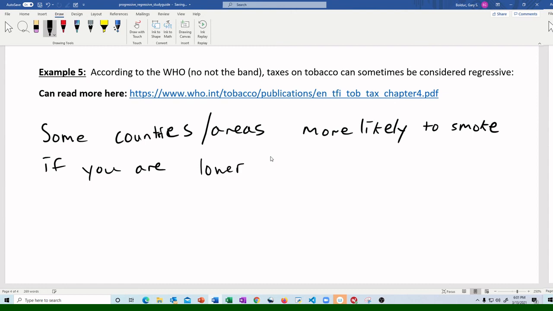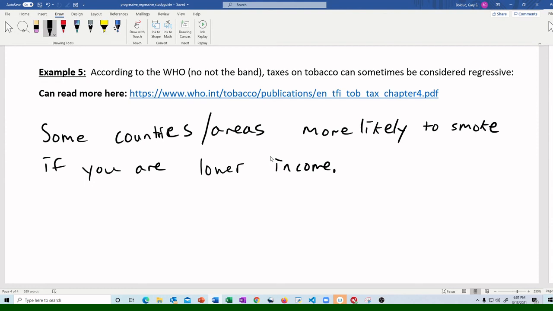This is not necessarily true everywhere, okay? But if you are in a place where lower income people buy cigarettes more, smoke cigarettes more, then what ends up happening, right? This tax ends up having a larger effect on them compared to the higher income groups. Okay? A larger percent of their income is going towards this tobacco tax than the higher income groups.